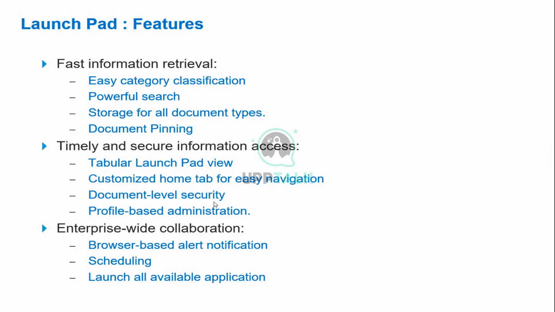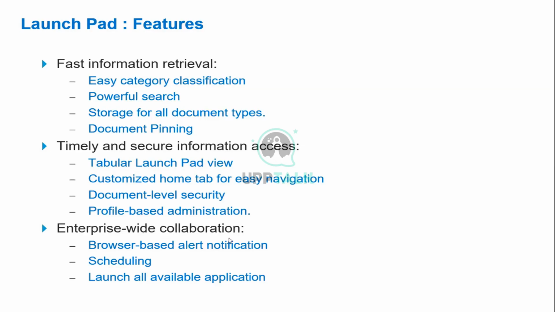We can apply security at the report level so that only the users who need access will get access to those reports. Profile-based administration is also possible, for developer or tester or administrator. We will create profiles based on their job role and it is possible to administer using profile-based.